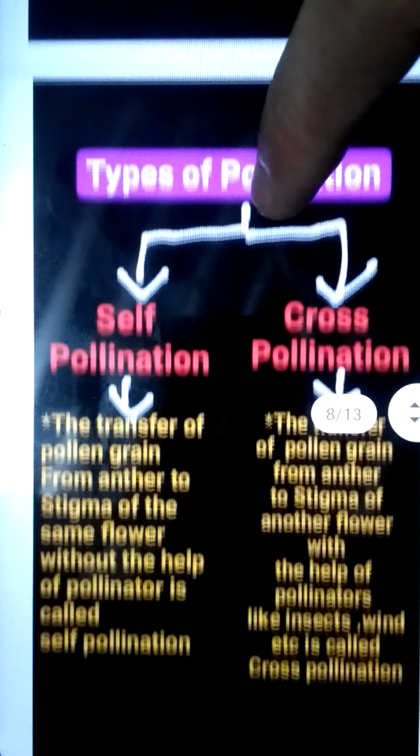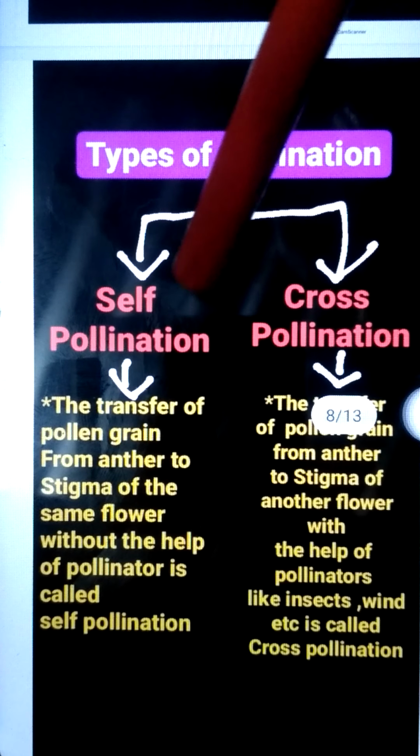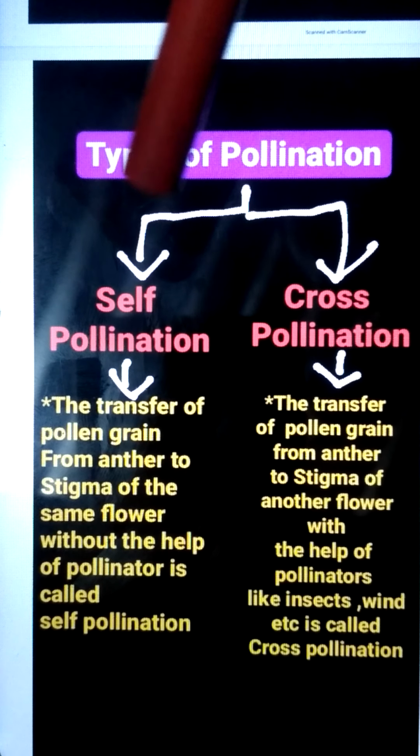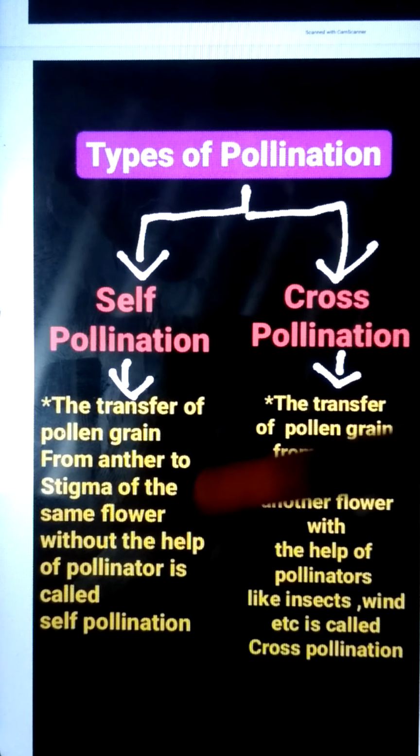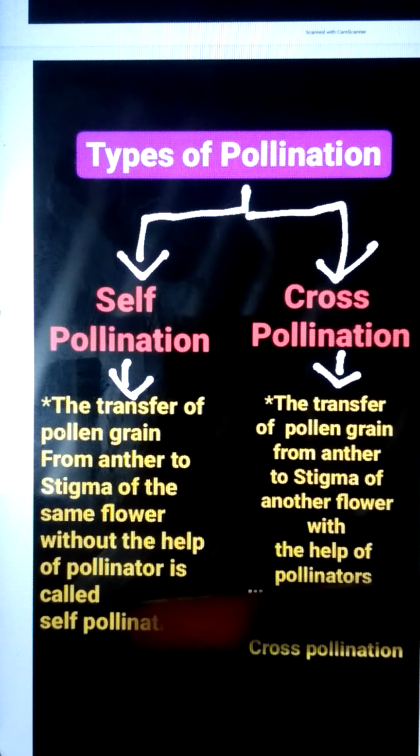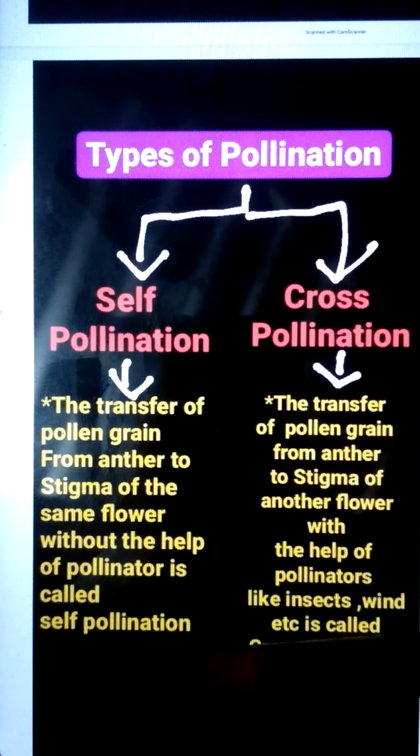See, for self-pollination, from the word itself you can guess what it tries to say. See, the transfer of pollen grains from the anther to the stigma of the same flower without the help of pollinator is called what?